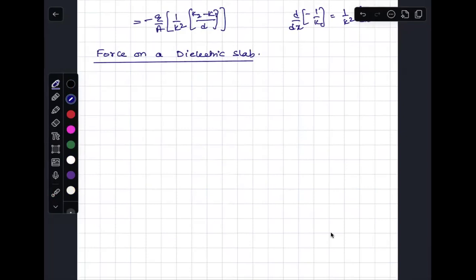But actually, the dielectric will experience a force if it is partially inserted. Why? Because there is a concept called fringed electric field. I will explain that very clearly right now.